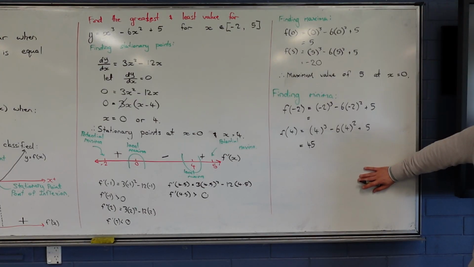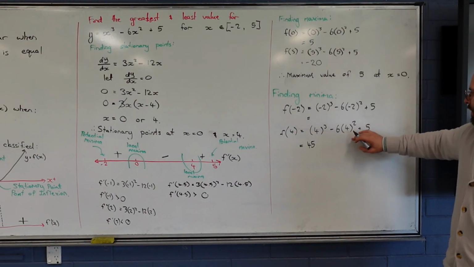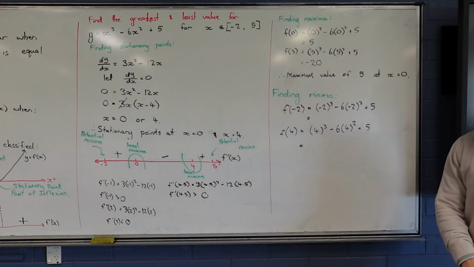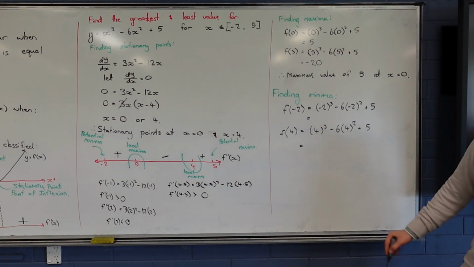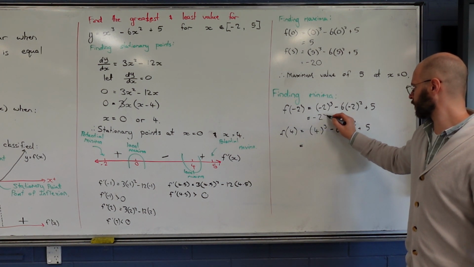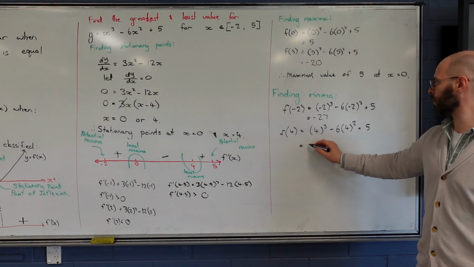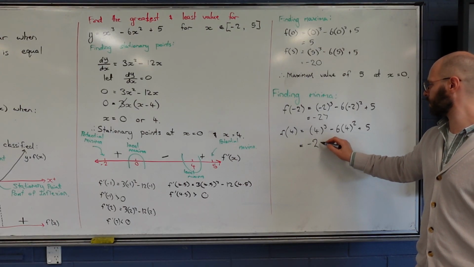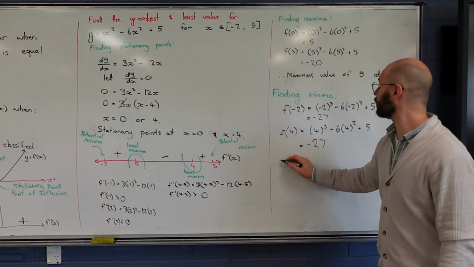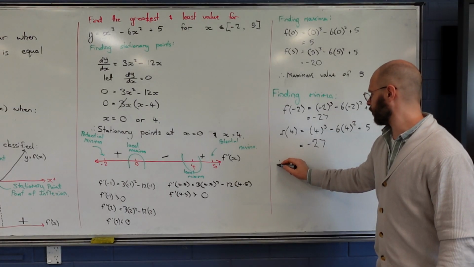I don't think that's right at all. Oh, it's 16 times 6. First one's negative 27. And then this one, negative 27. Lowest value at.